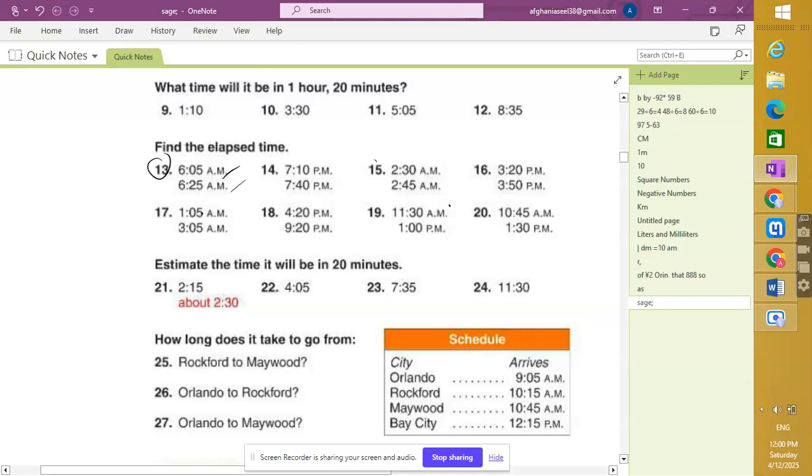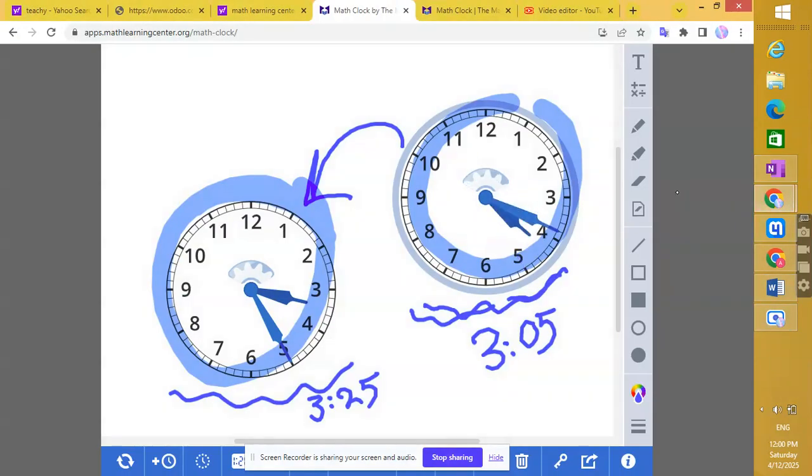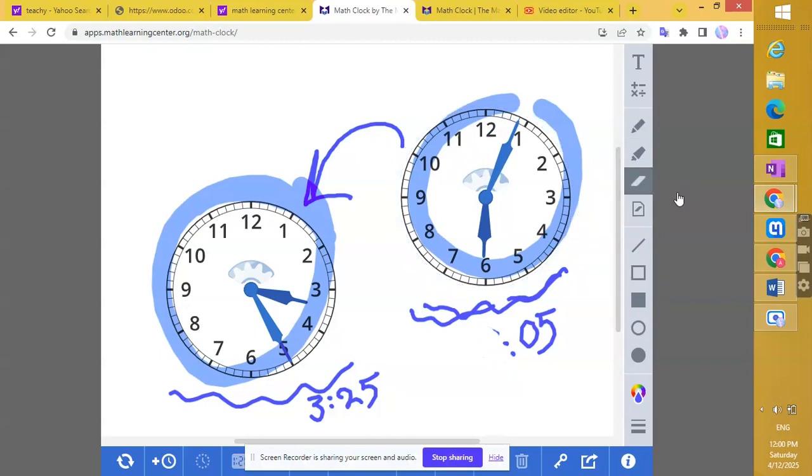So what should you do, guys? What you are supposed to do in this way? 6:05 and 6:25. Look, you want to make it like this from 6:05. This is 6:05.